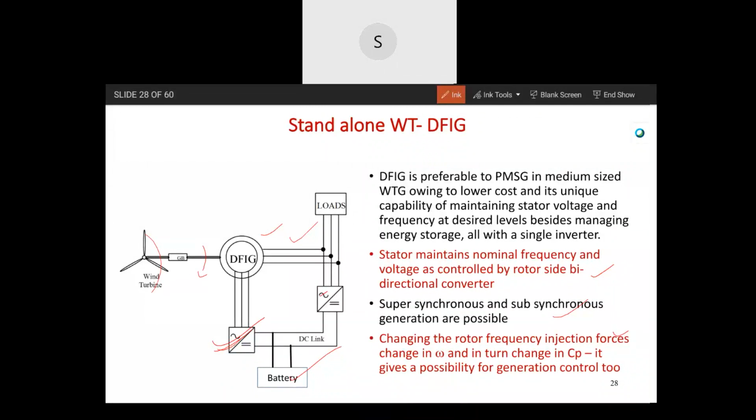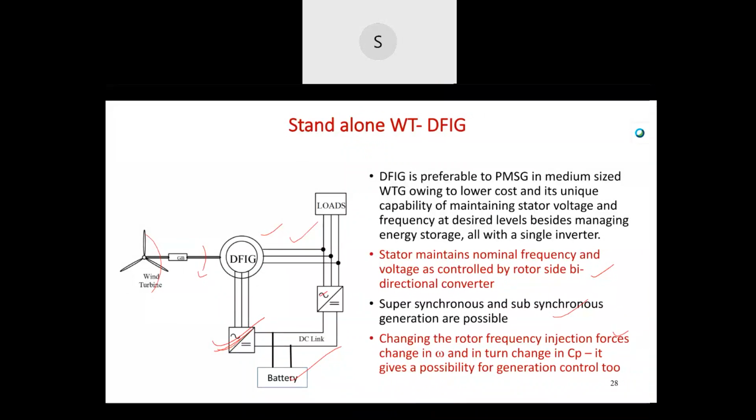What does it mean? It is generation control. Usually we believe that from a wind turbine generator we cannot control the generation. It is possible to a limited extent. Maximum power point can be extracted, or you can operate off MPP, away from the maximum point, when there is no demand and the storage is also full and you cannot produce maximum. All these are possible with a standalone DFIG.